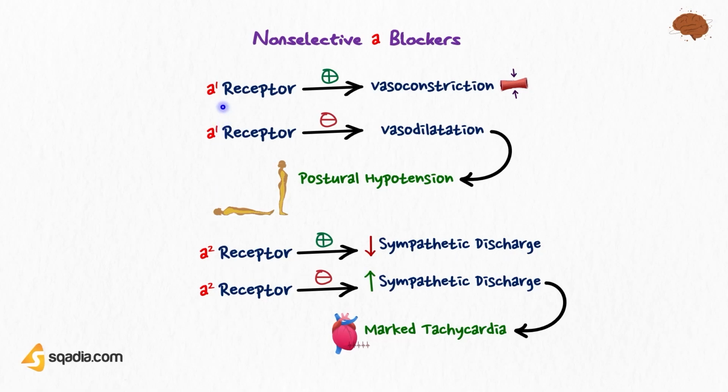The alpha 1 receptors are present in the smooth muscles of the vessels, and they promote vasoconstriction. You block them, vasodilatation happens, and it promotes postural hypotension. While the alpha 2 receptors are present in the CNS, central nervous system, and they decrease the sympathetic discharge. You block alpha 2 receptors, they promote marked tachycardia, which is a rise in the heart rate of about 100 beats per minute.